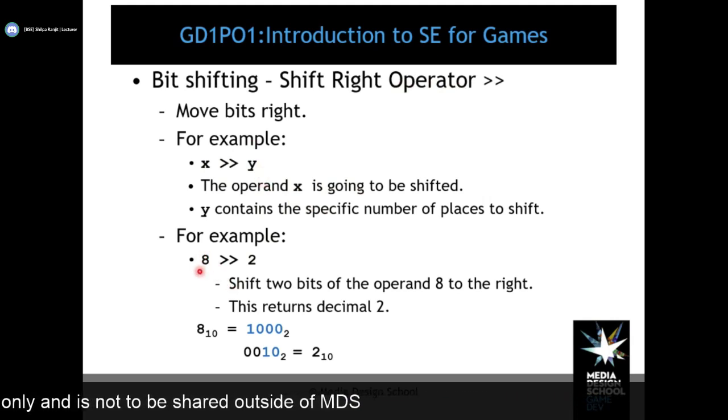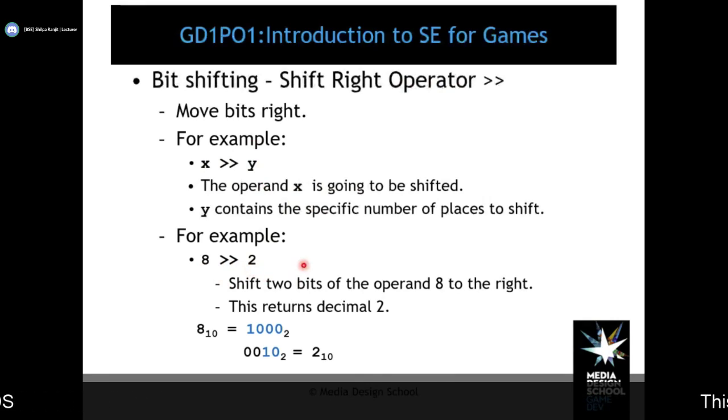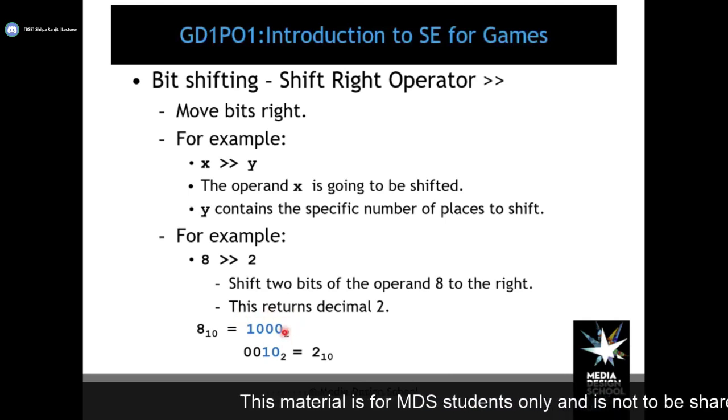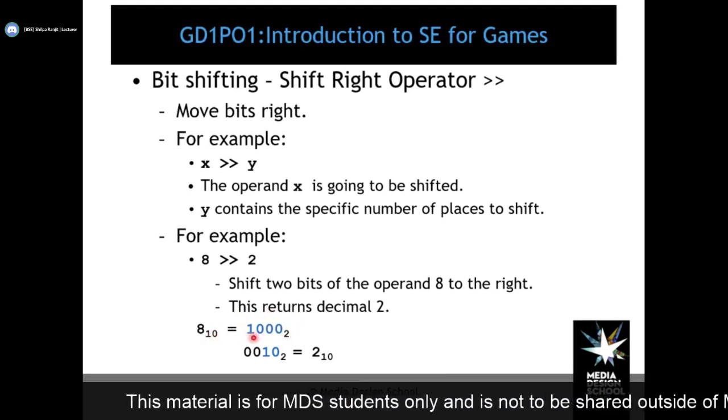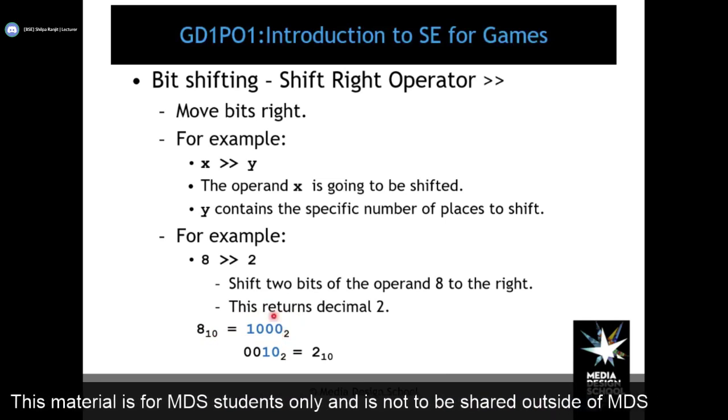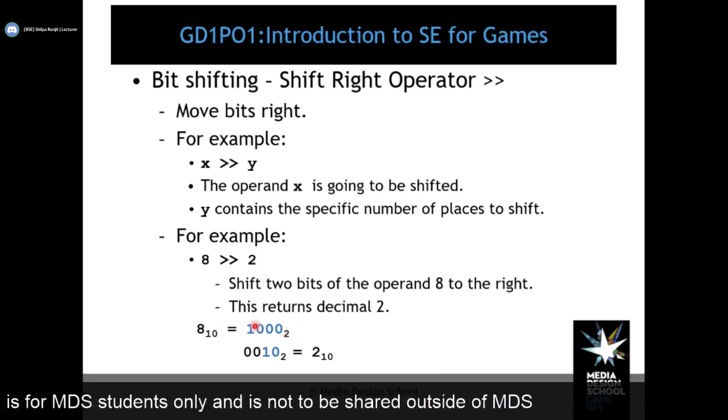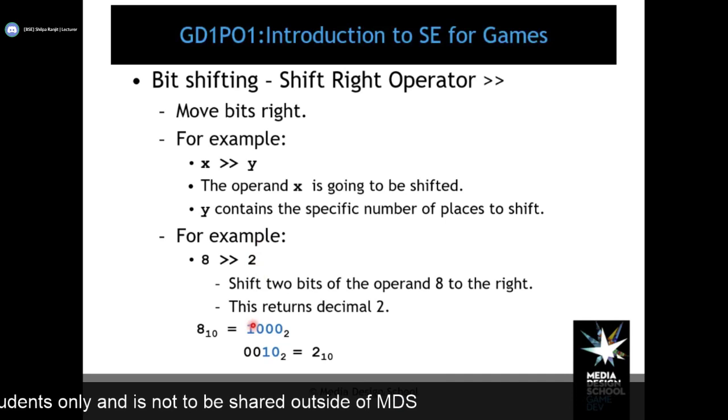So for an example, if I say 8 right shift 2, what I'm saying is I want to shift 8 by 2 bits to the right. If I want to clearly see what shifting 2 bits means, I will need to give the binary representation. So 8 is 1000. Shifting it by 2 values to the right is in this manner.